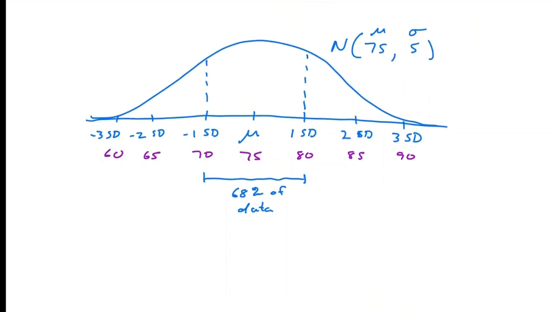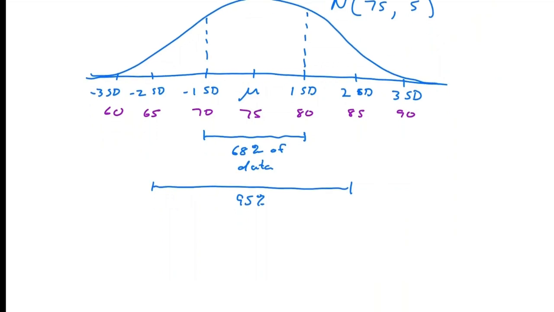So in this case, we could say that we would expect about 68% of our data to be between 70 and 80. 2 standard deviations out is 95%. And 3 standard deviations out is 99.7%. So you have a very, very small percentage of data that is typically more than 3 standard deviations away from the mean in a normal curve like this.